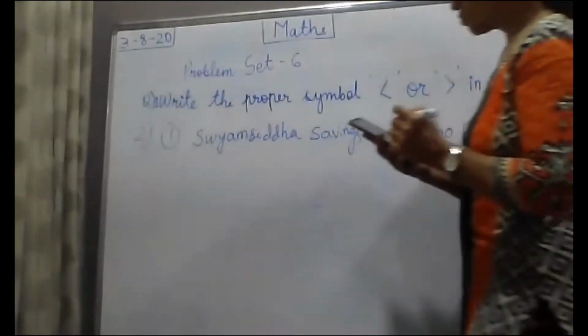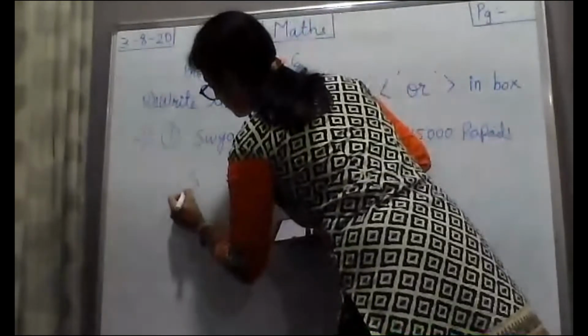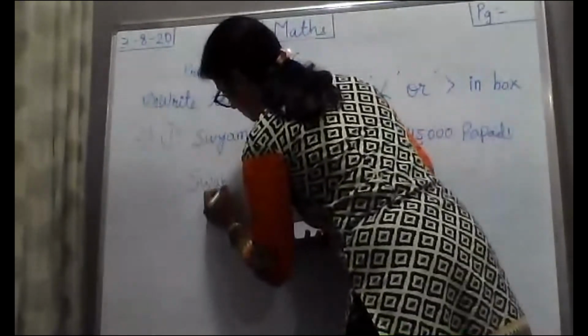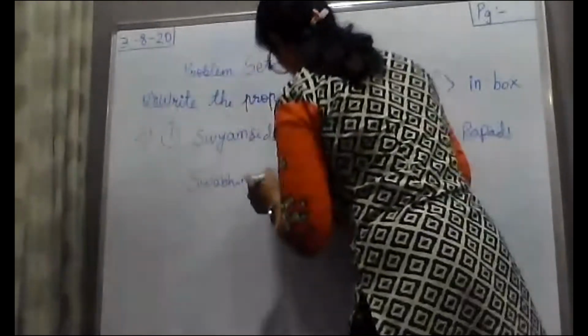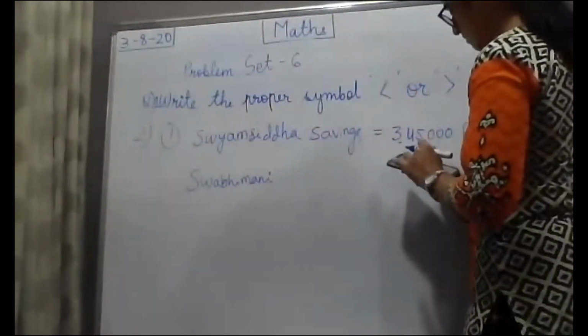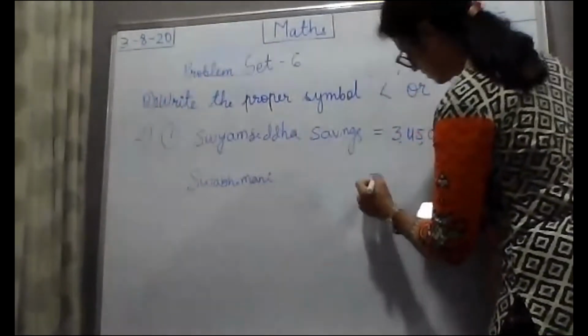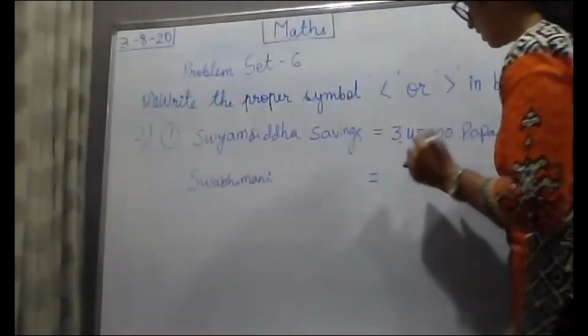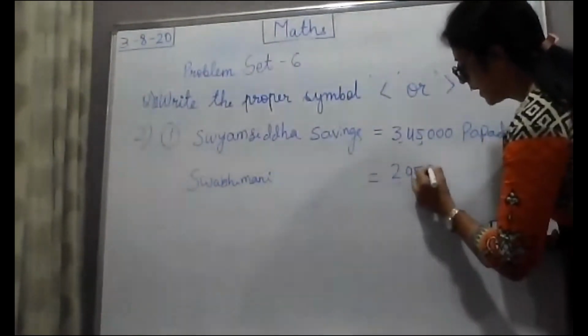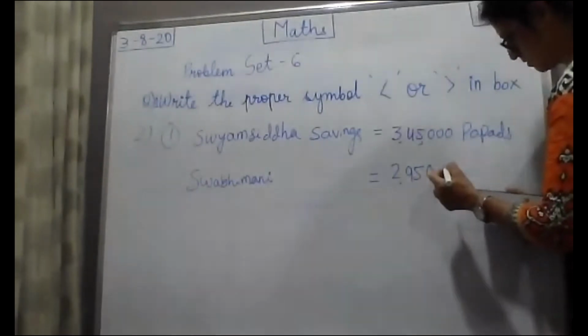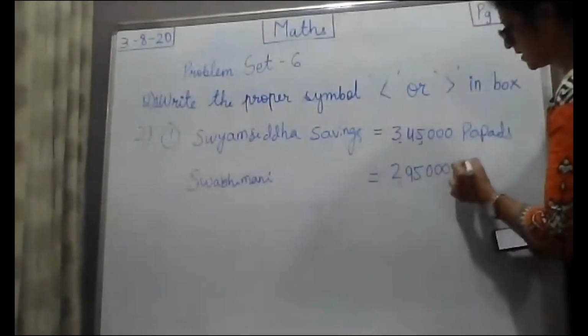And Swabhimani: how much is it? It is 2,95,000. Round figure it is.